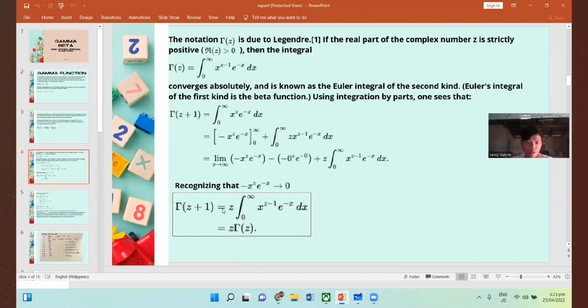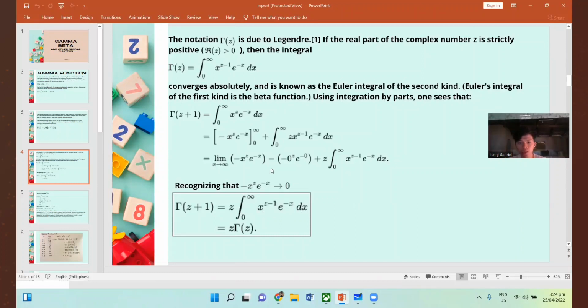So continuing, z times the integral from 0 to infinity of x raised to z minus 1 e raised to negative x dx.